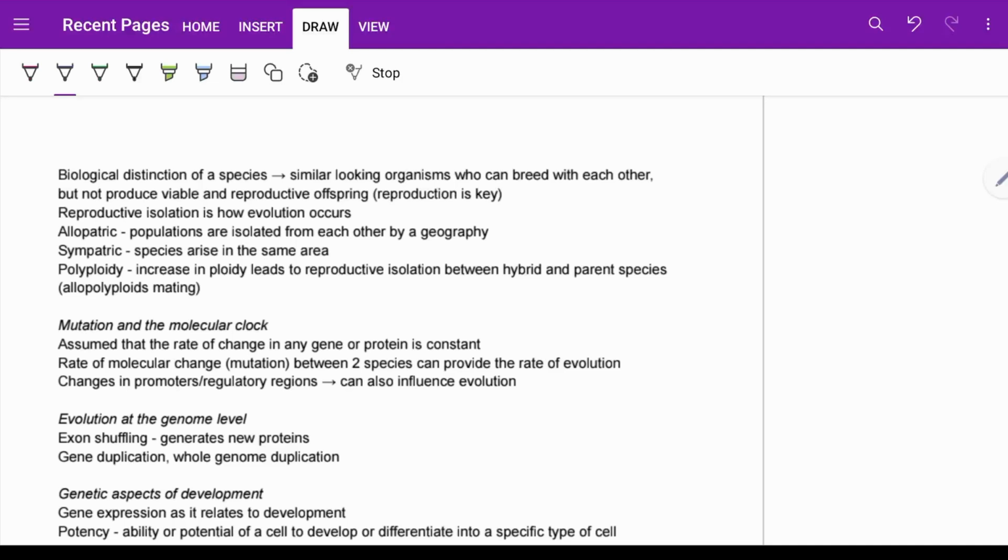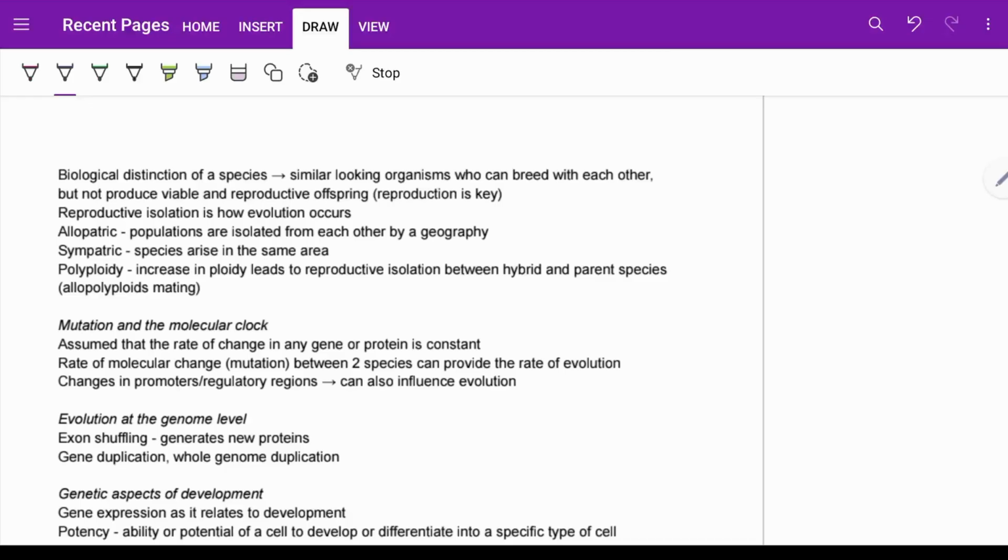Once they stop being able to breed with another organism, they are classified as different species. This is called reproductive isolation, where these organisms can no longer mate with anybody but organisms of the same species, which means they're reproductively isolated from the species around them, and so they're now considered their own distinct species. This can happen in a variety of ways.